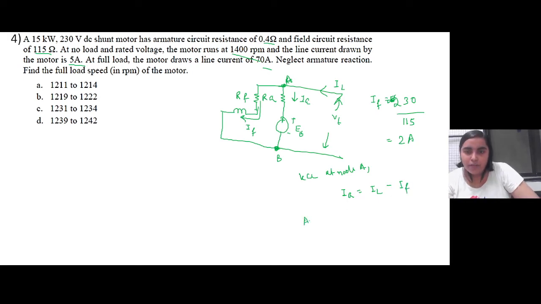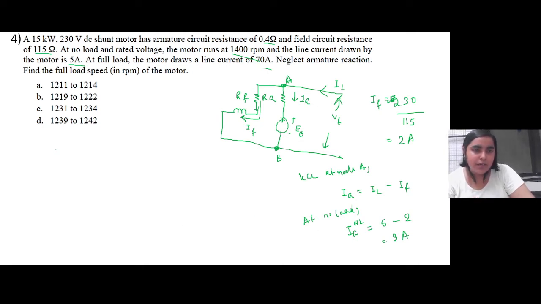So at no load, the armature current, let us denote it by I_NL, is equal to the line current at no load, which is 5 ampere, minus the field current, which is 2 ampere. So this is 3 ampere.